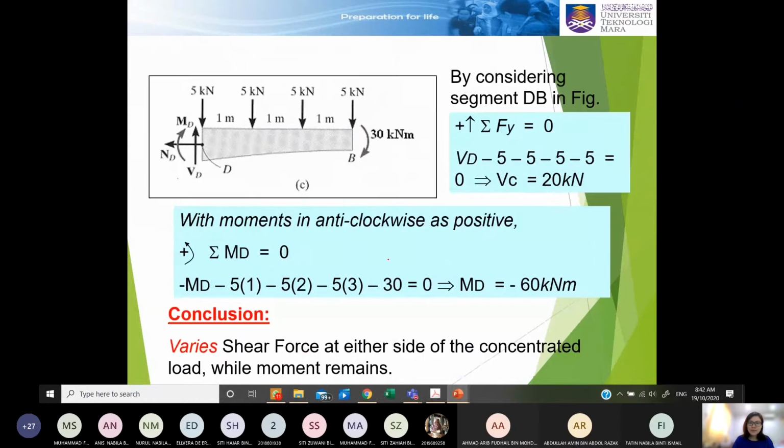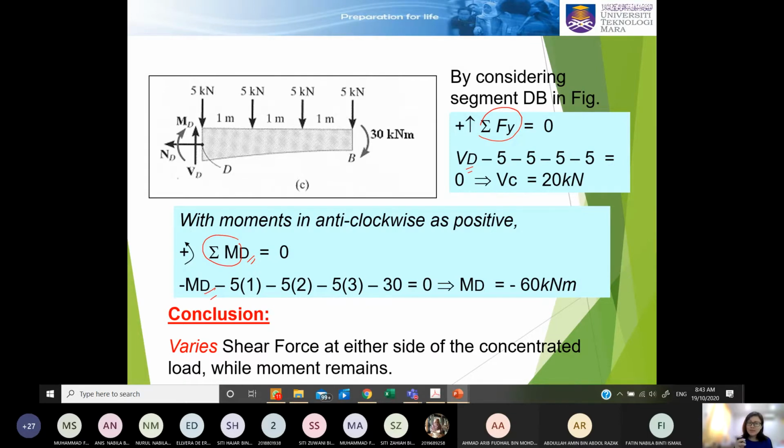Now you can solve this. I'm not going to go very detailed right now, so still using the summation Fy and still using the summation moment at D equal to 0. Once you solve for this VD and MD, we can actually prove something here.